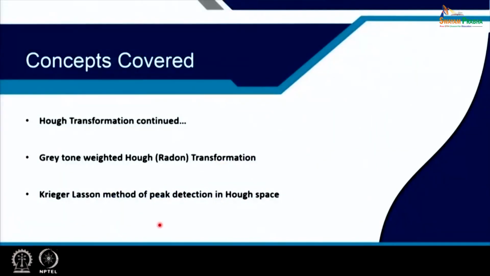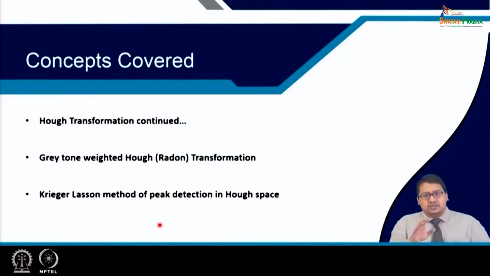So, the concept that I will try to cover in this lecture is, we will continue with understanding Hough transformation techniques, and we will try to understand a little bit about the real life scenario, that is in the SEM EBSD, how basically Hough transformation is done using image correlation technique, which I will say is a gray tone weighted transformation or Radon transformation developed by Radon and co-workers.